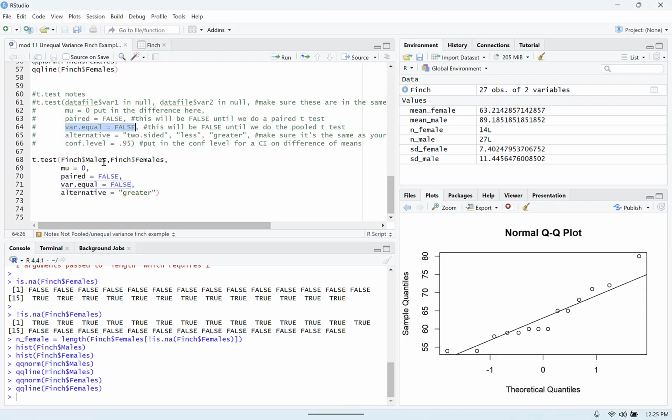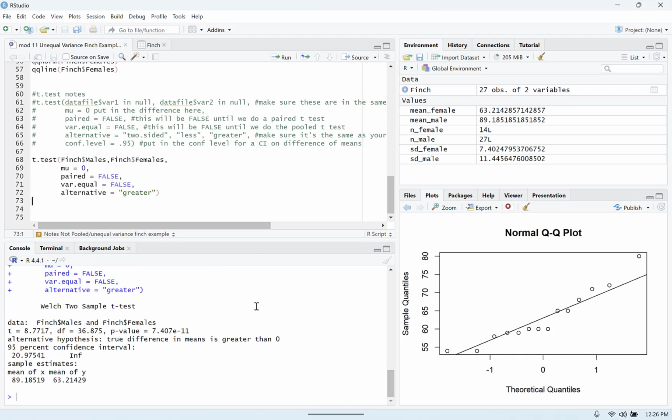So I have t.test of Finch$males because I wrote males first in my hypotheses. Finch$females was second. The mean difference is equal to 0. My paired data, it's not paired, so I say false. Var.equal is false because I'm using not pooled or not equal variances for this one. And then the alternative was a greater than alternative, so I'm going to run that t-test.